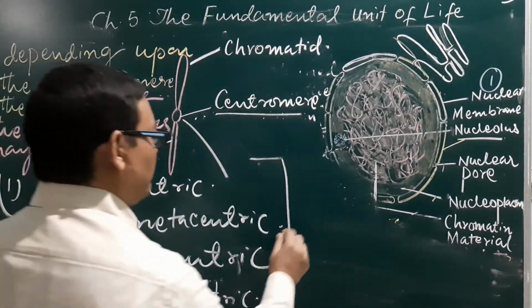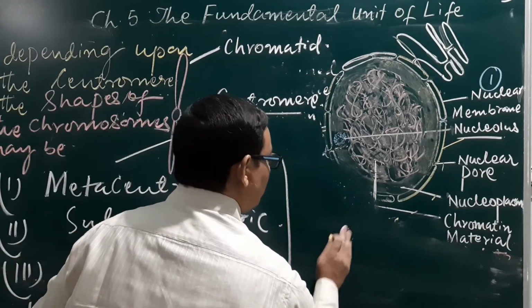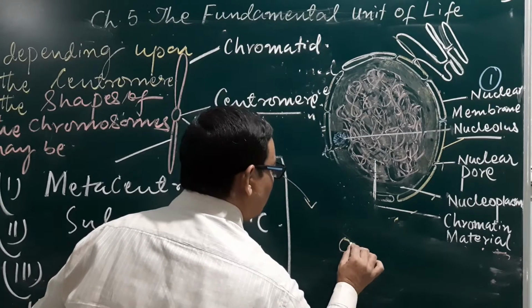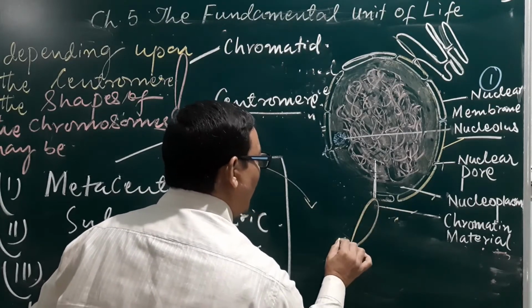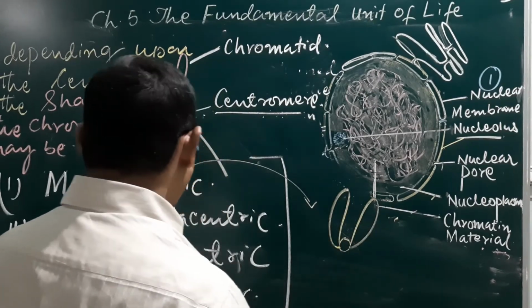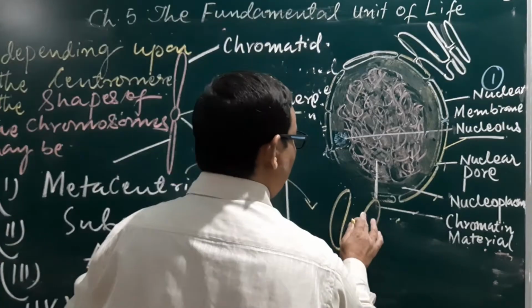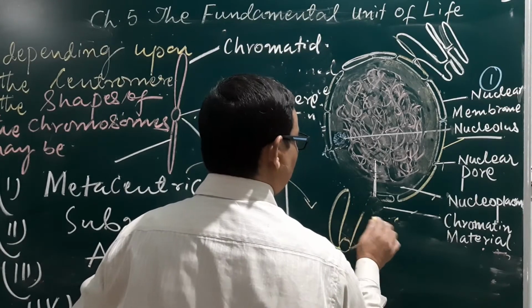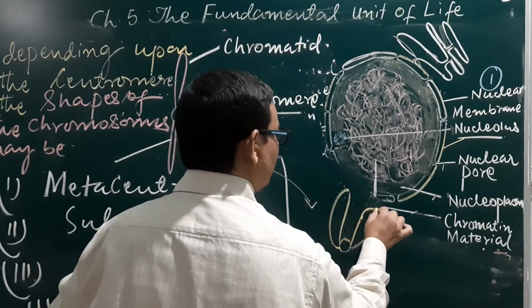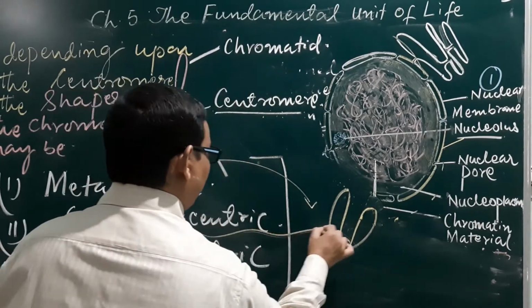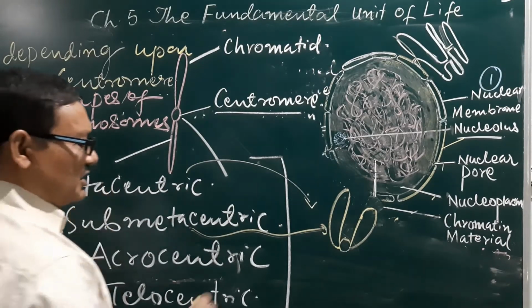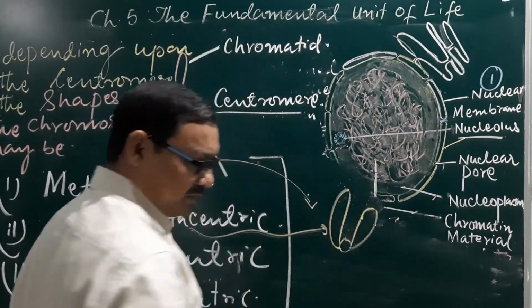Now look at the shapes. Talk about this one, metacentric. In the metacentric, both arms are equal.